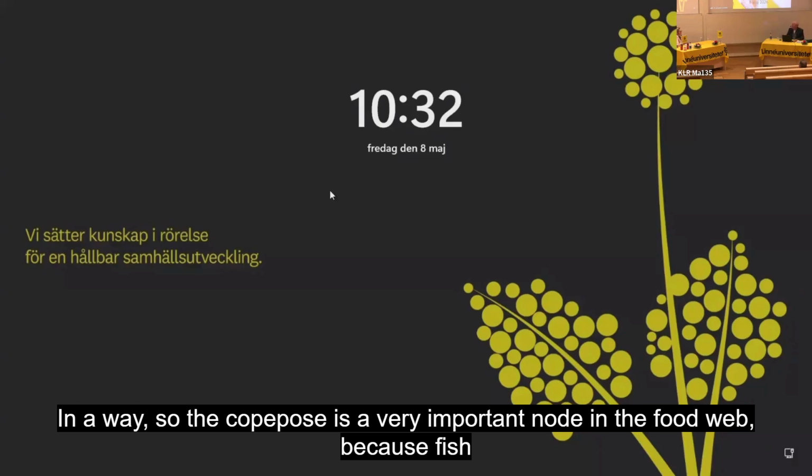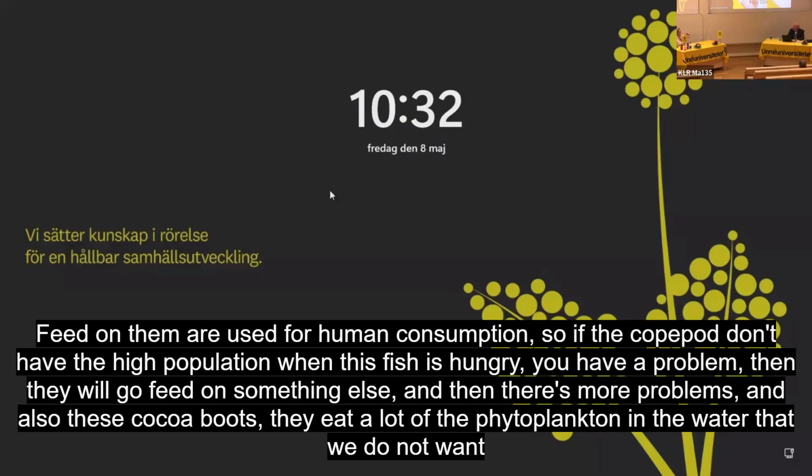In a way, the copepod is a very important node in the food web, because fish that feed on them are used for human consumption. So if the copepods don't have a high population when the fish are hungry, you have a problem. Then they will go feed on something else, and then there are more problems.